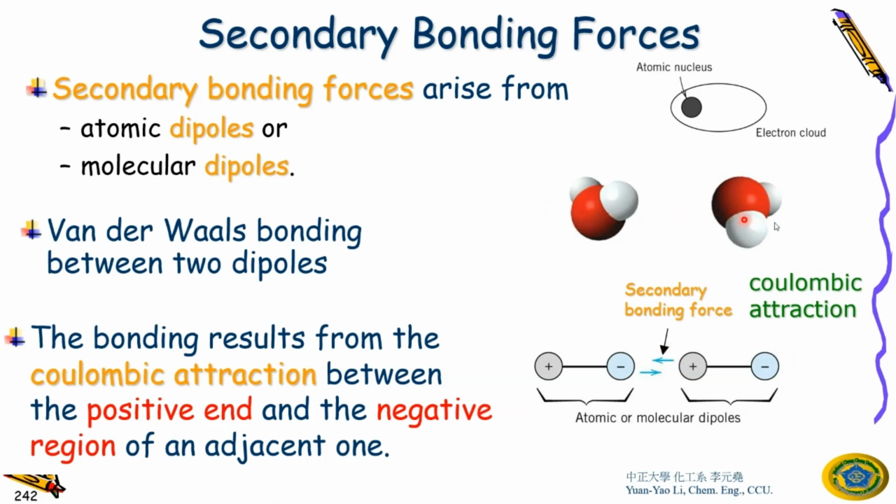They are neighbors. Let me show you here. Example of H2O: negative, positive, negative, positive. There is attraction between each other.